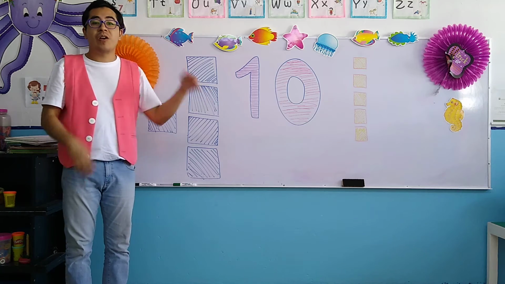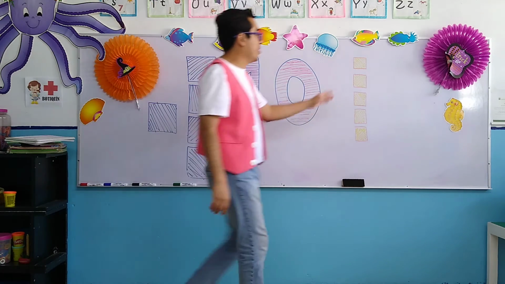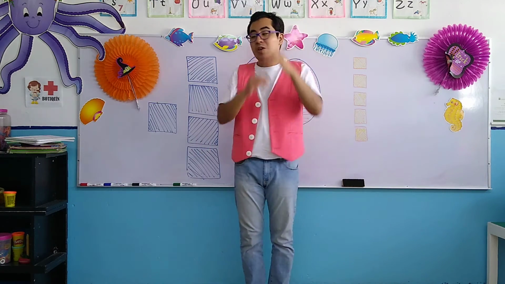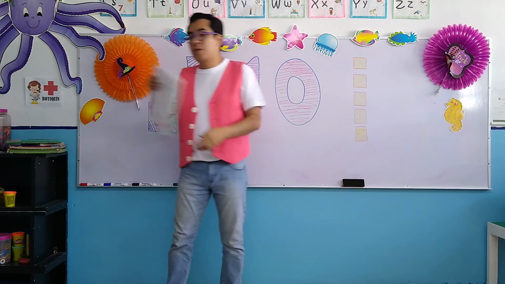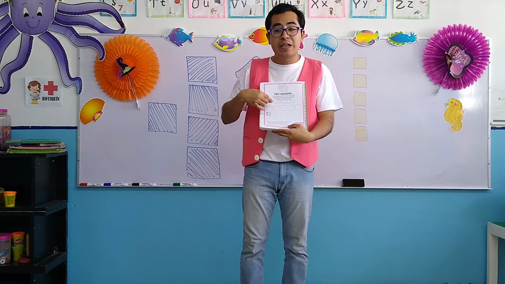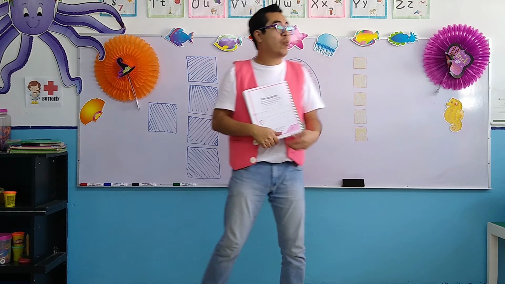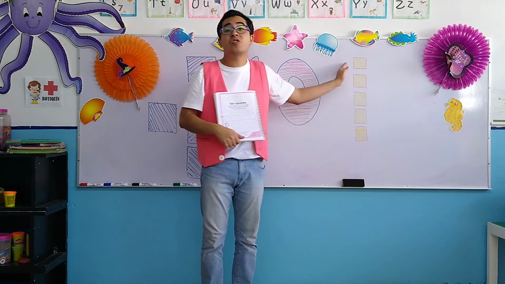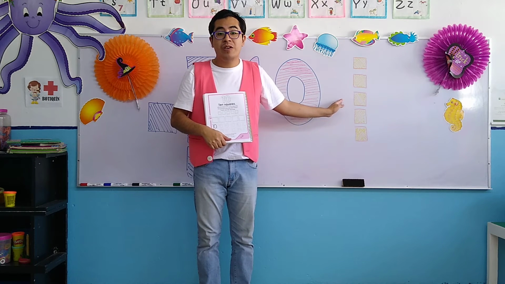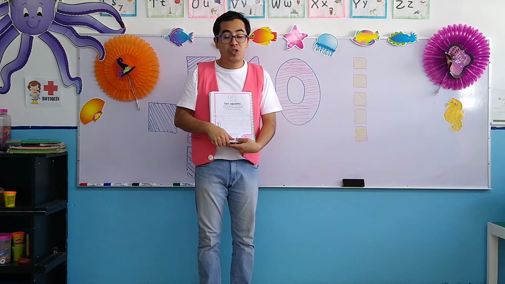We have the squares that are big and the squares that are small. So what you have to do on the first activity, my children, is with color yellow, you have to paint all the squares that are small. Only the ones that are small with the color yellow.